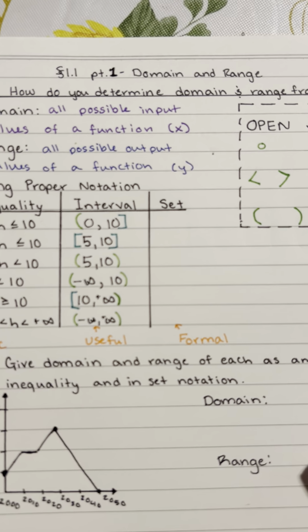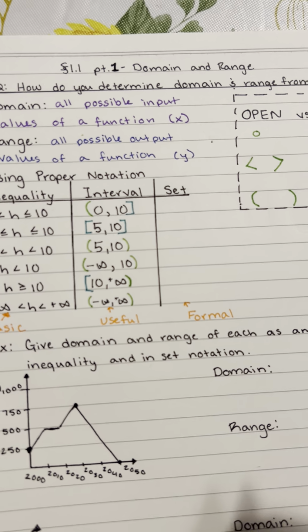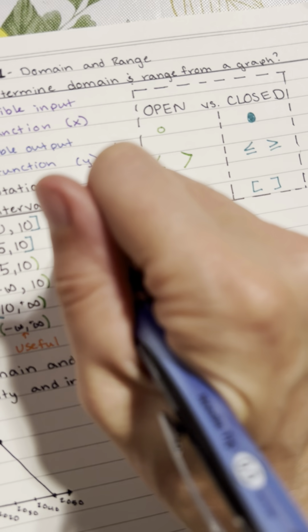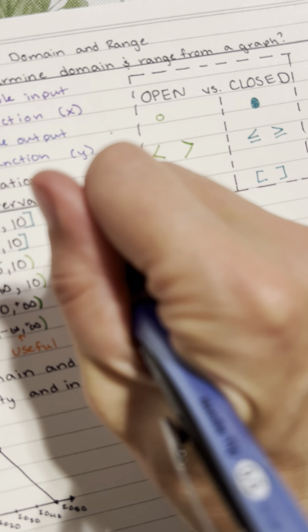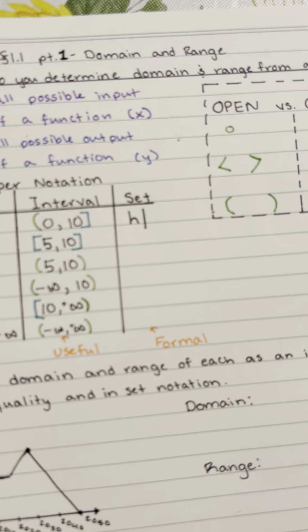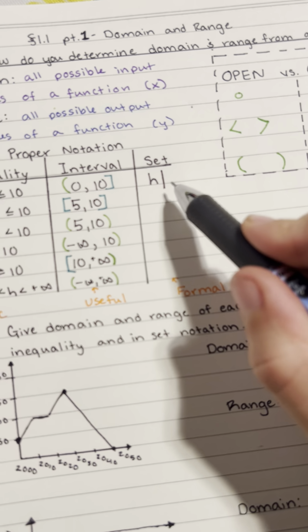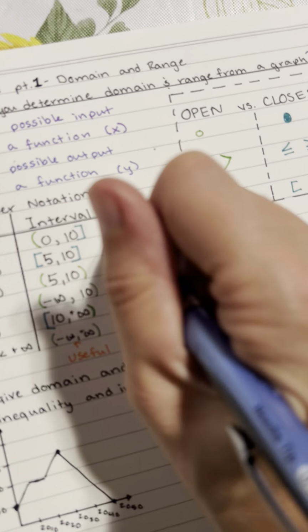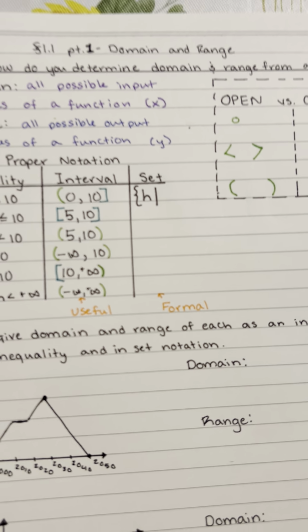All right. Now set notation is more formal. Set notation takes your variable that you're talking about. So here we're talking about h. And you always start with h. And then you write this line, which means such that. So you guys saw me abbreviating ST. In set notation, this line means such that. And we're actually going to put it in these fancy squiggly brackets.